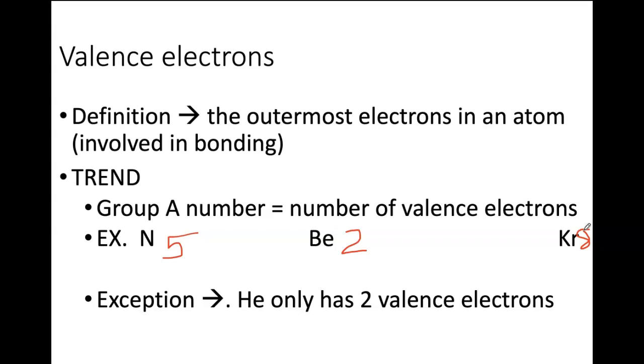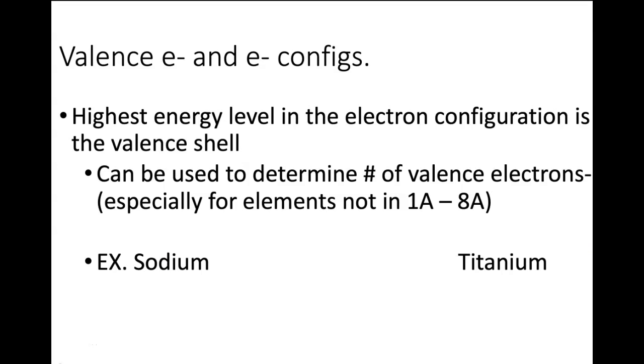Everything in the noble gases has 8 valence electrons, except for helium. Helium is your exception because it only has electrons in its first energy level. So the periodic table can be used to determine the number of valence electrons.